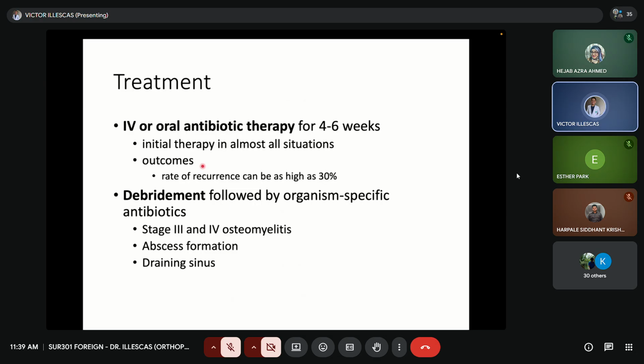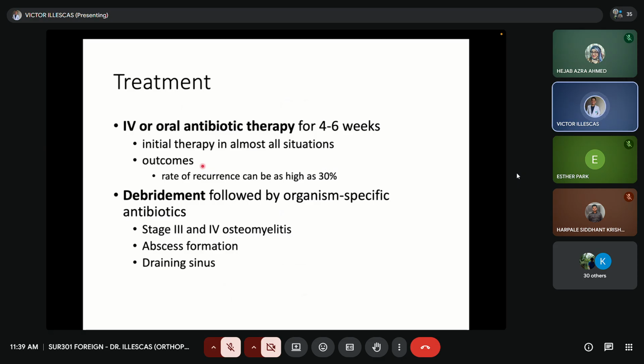When treating infection, you need to do debridement. Remove the dead bone, send the dead bone to the laboratory to check for culture, and then provide IV and oral antibiotics once the bacteria has been isolated.